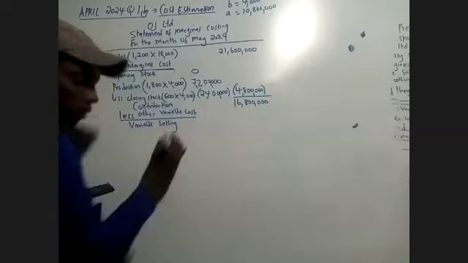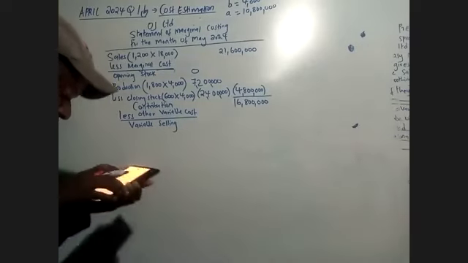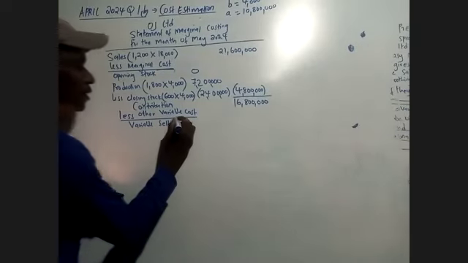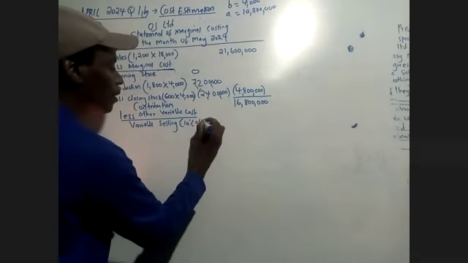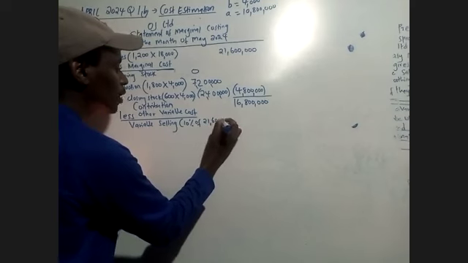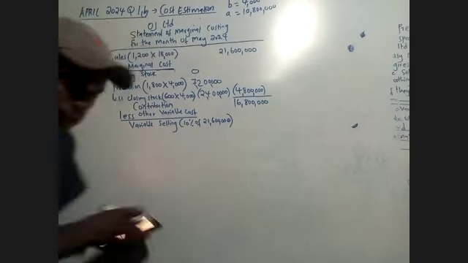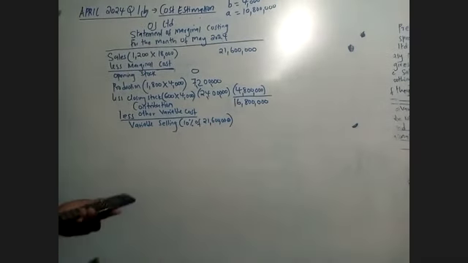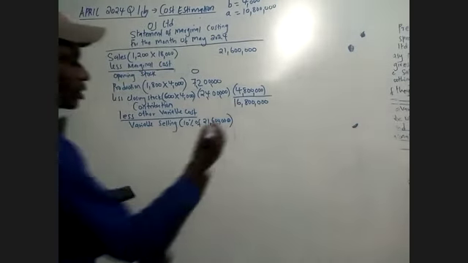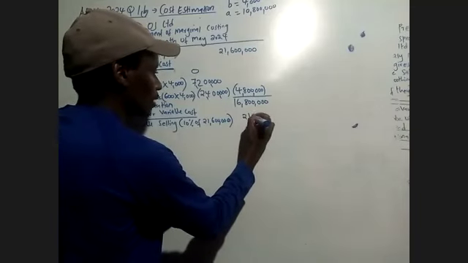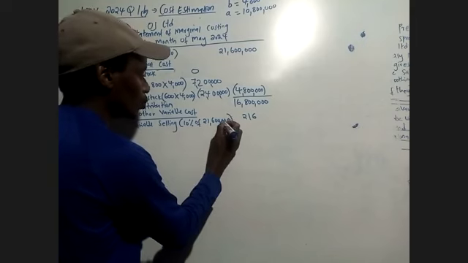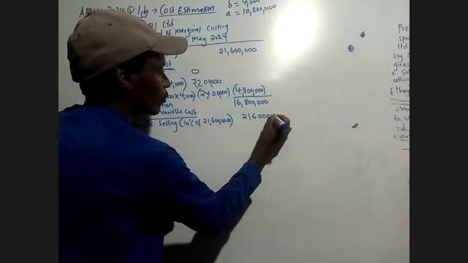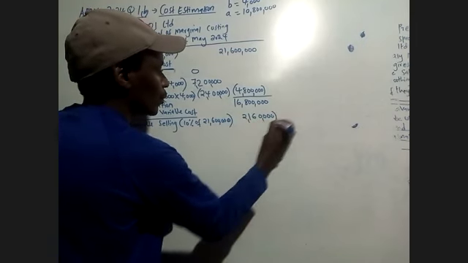So is our variable selling pale 10% of sales. So 10% of our sales. Our sales ni ngapi? 21,600,000. So itakuwa ngapi? So 10%. So ni kama kusema ni 21,600. So we less that one.